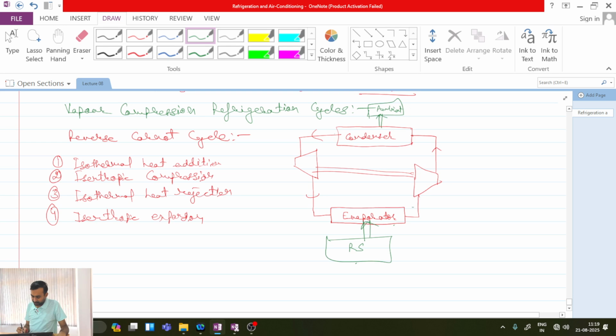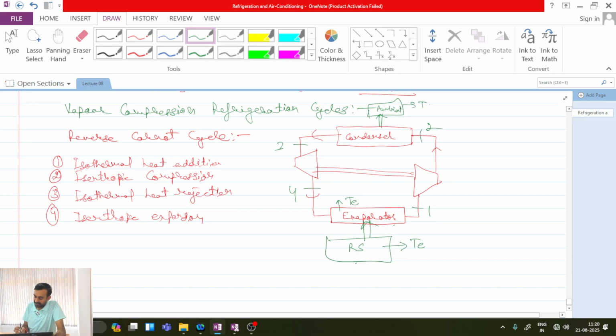I think I need not explain it again in very detail because already I have given you many details about this cycle. Okay, if I am talking about the reverse Carnot cycle, then it is nothing but a totally reversible cycle. So if it's a totally reversible cycle, the refrigerated space, if it is having TE temperature, the working fluid also will be having TE temperature in the evaporator.